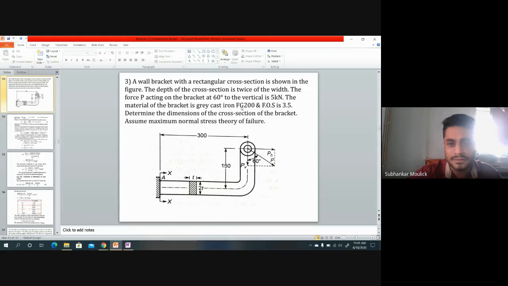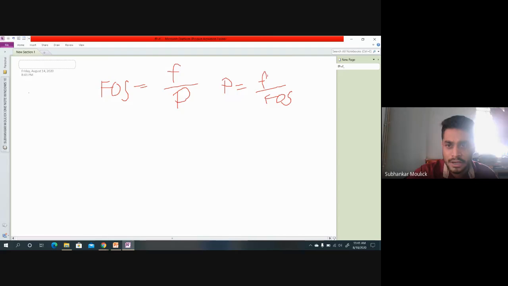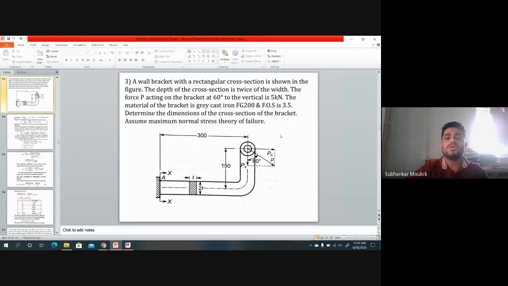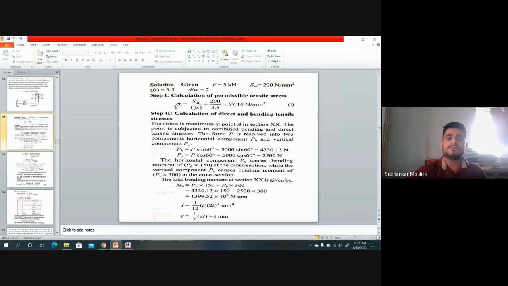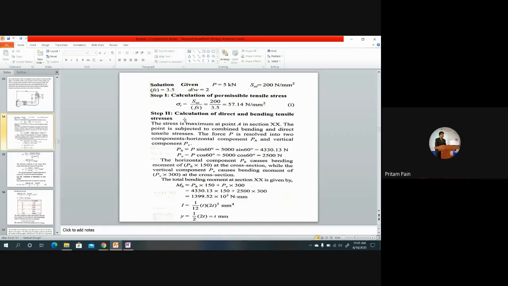That means SUT is 200. So my failure stress is nothing but my SUT divided by factor of safety. Factor of safety is also given in the problem. Factor of safety is 3.5. So I will get the value of permissible stress. And that permissible stress sigma is nothing but SUT by factor of safety, which is 200 divided by 3.5, that is 57.14 Newton per mm square. Equation number 1. Is the step clear? Yes, sir.